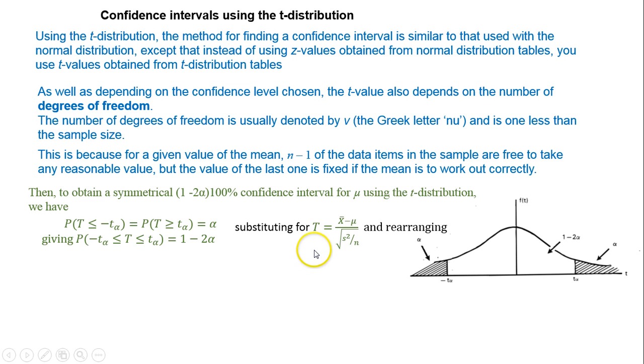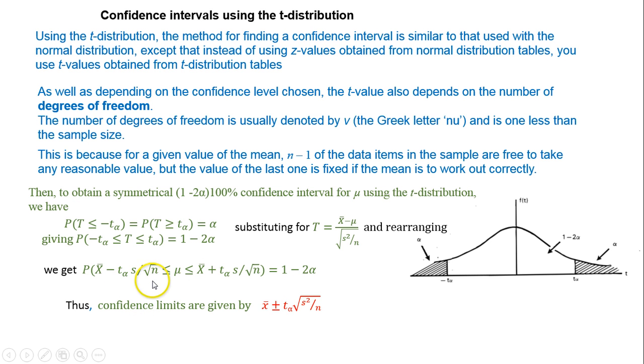And substituting t being the test statistic and rearranging, we get that the probability of x bar minus t sub alpha times the square root of the variance, which would be s divided by square root of n, variance being s squared over n, so the square root of that, and mu is between x bar minus that expression and x bar plus that expression, must be 1 minus 2 alpha.